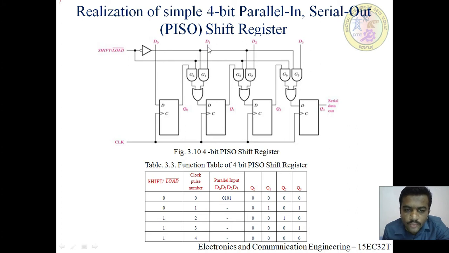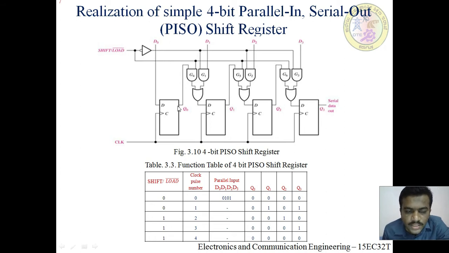The value of D1 will be loaded into the second flip-flop and appear at Q1. The value of D2 will be loaded into the third flip-flop and appear at Q2. The value of D3 is loaded into the fourth flip-flop and appears at Q3.